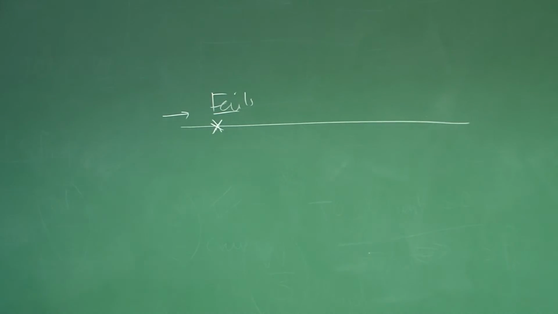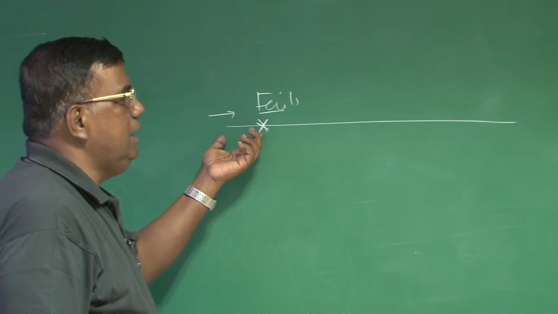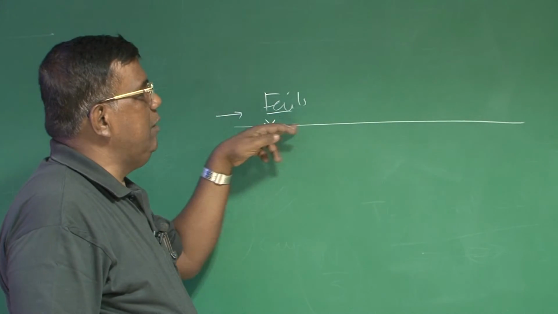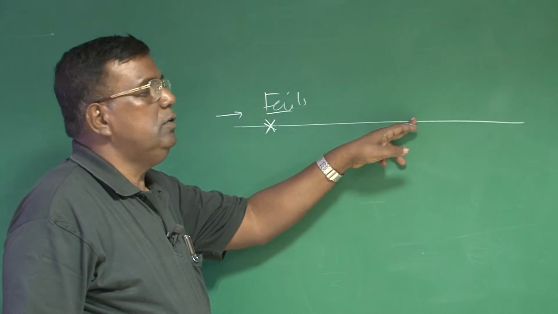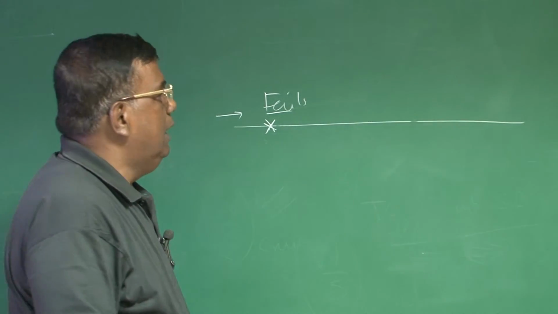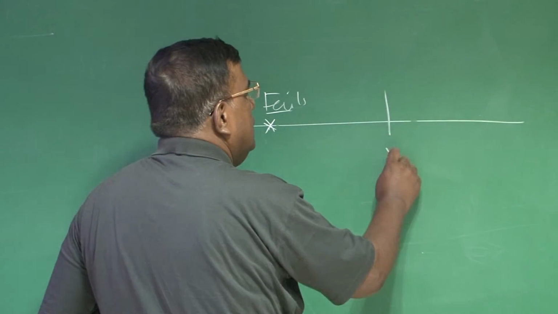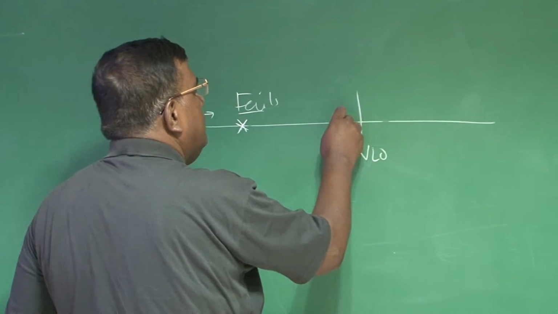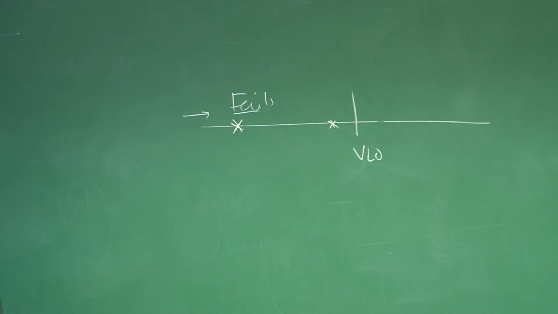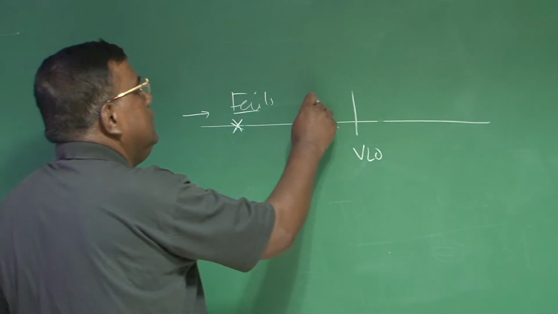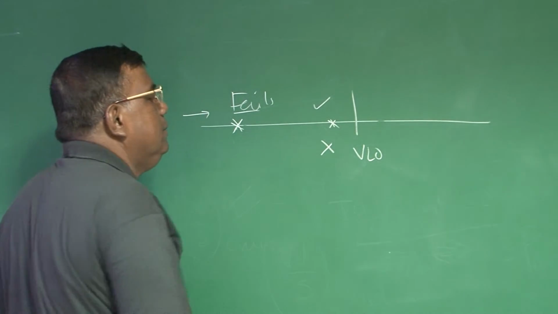Then the answer is obvious. If it fails at a very early stage, I can apply brake because I have sufficient length to hold the airplane. And let us say this is the V liftoff, and somewhere here it is failing. So now one engine is operative, one engine is not operative.